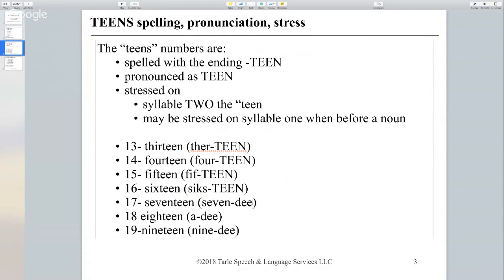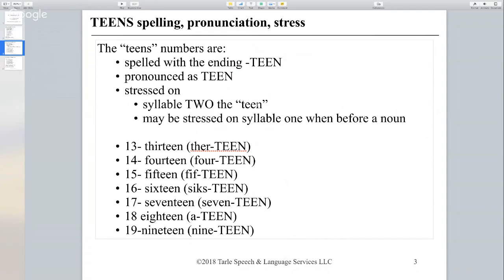And the second vowel will be silent. So in this case, we have two E's. We're going to make that first E nice and long and then keep the second one silent. Okay? All right. The stress most of the time is on syllable 2, the teen.